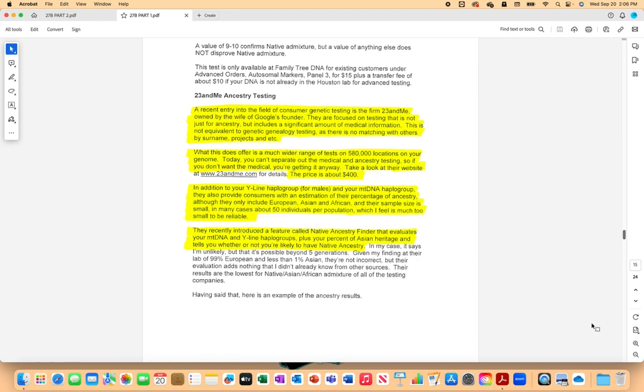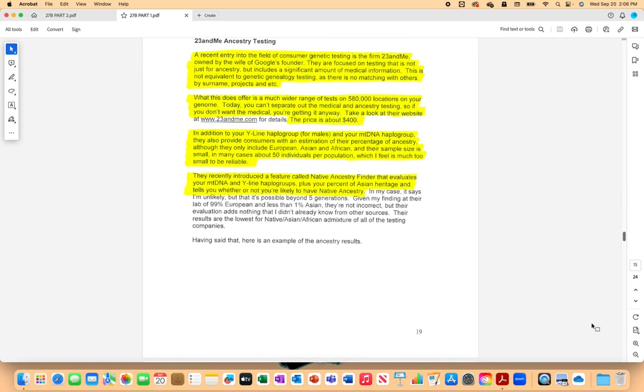This is not equivalent to genetic genealogy testing, as there is no matching with others by surname, projects, and etc. What this does offer is a much wider range of tests on 580,000 locations on your genome. Today, you can't separate out the medical and ancestry testing. So if you don't want the medical, you're getting it anyway. Take a look at their website. The price is about $400.